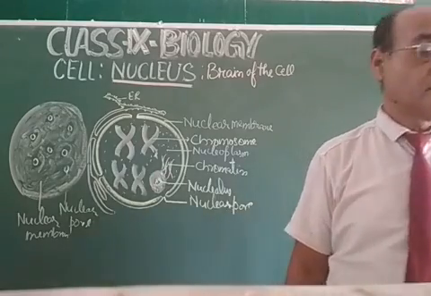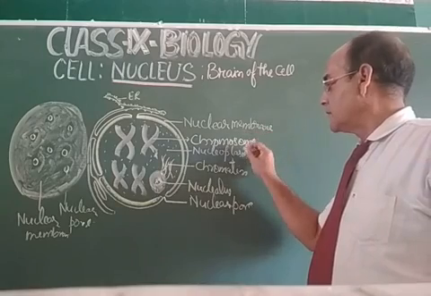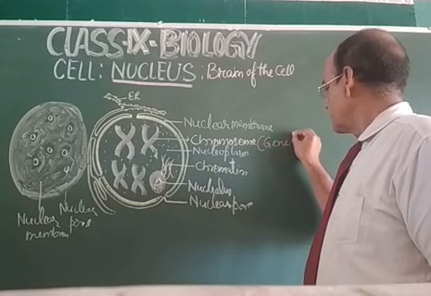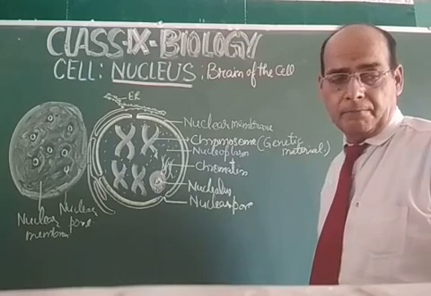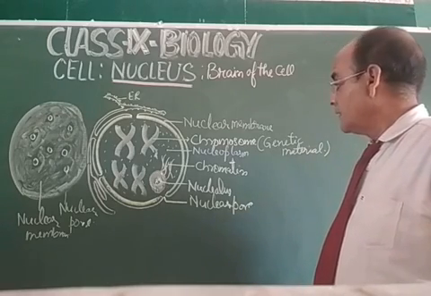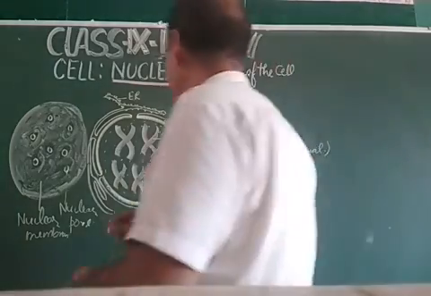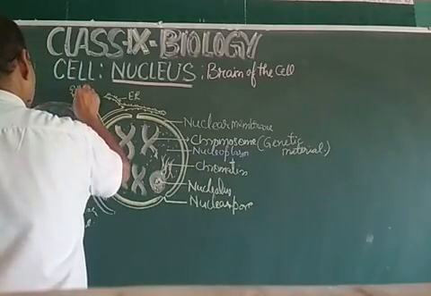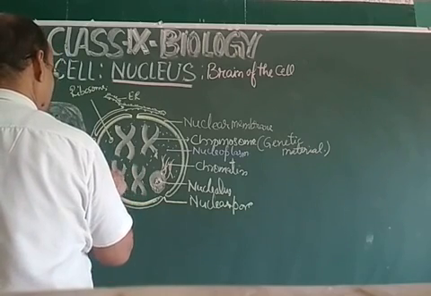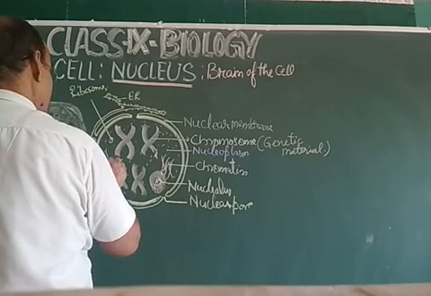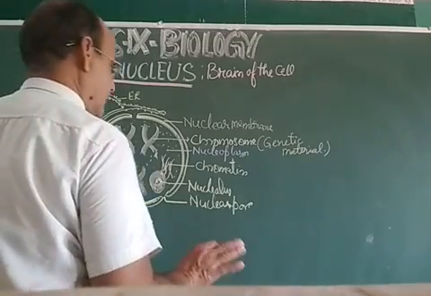Now we will discuss the function of this nucleus. My dear student, it is called the brain of the cell because the chromosome is called genetic material, and this genetic material is composed of DNA. RNA molecules will also be here.